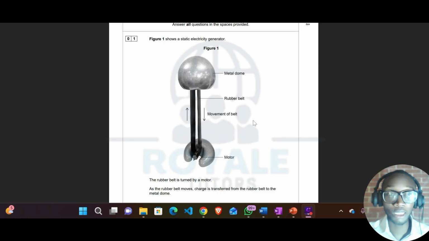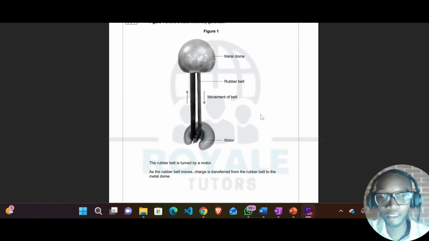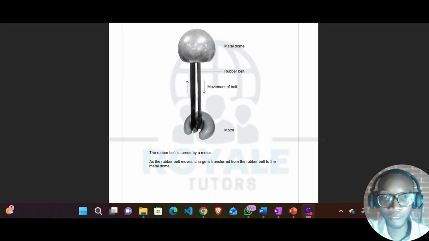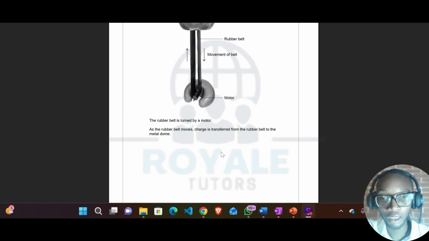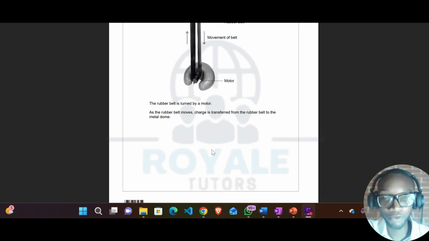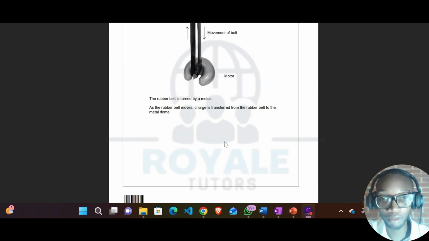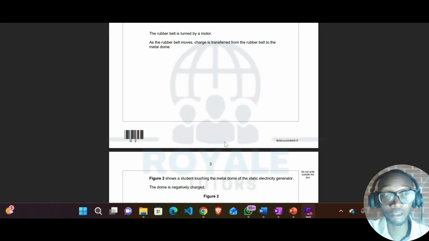It contains charges, and if you place your hand on it, it's supposed to have some kind of effect because of the kind of charges that it carries. It says the rubber belt is turned by a motor. As the rubber belt moves, charge is transferred from the rubber belt to the metal dome. So that basically just tells us how it works.